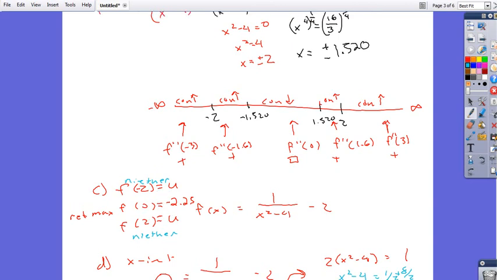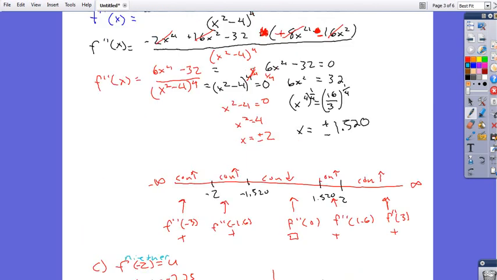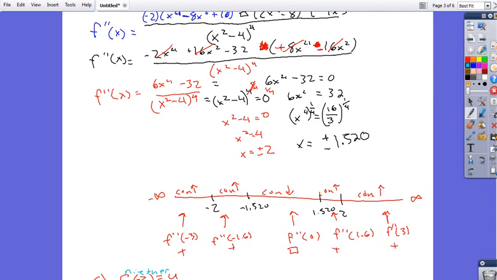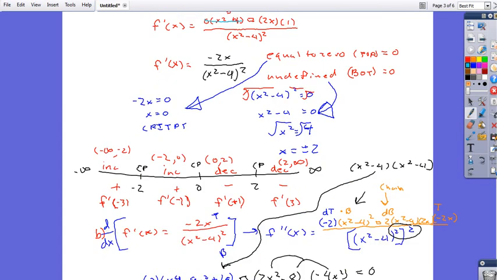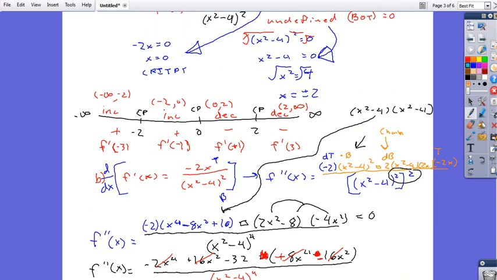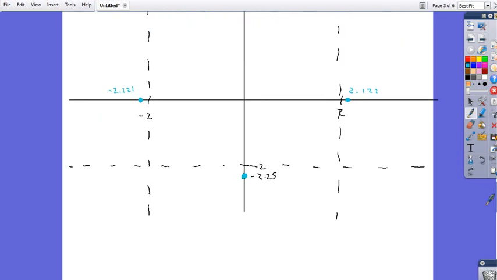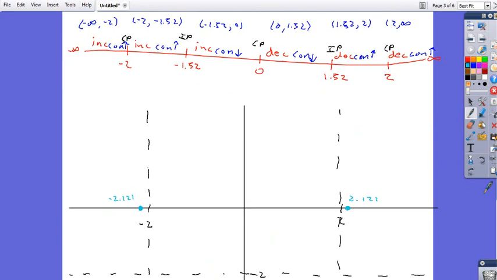Alright, so pretty much all this information was to make this sign chart. So let's go ahead and use the super duper sign chart to do this. Now we're increasing in concave up. The only way to be increasing in concave up is to go like this.